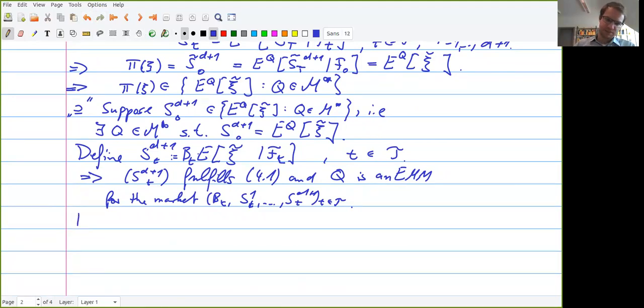Well, and now this is our most important theorem so far. Well, the first fundamental theorem of asset pricing. This implies the extended or enlarged market here is arbitrage free because we have an equivalent martingale measure for it.